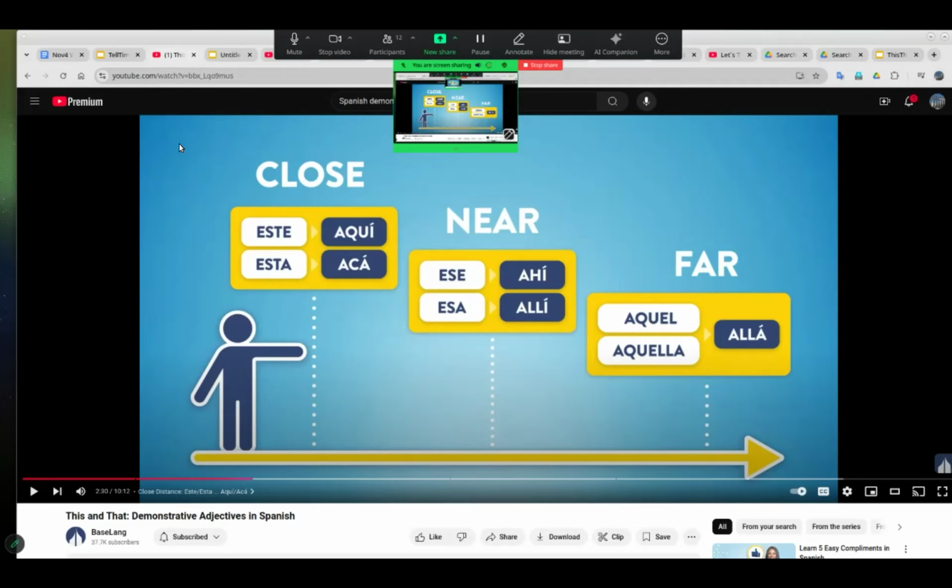Okay. So the only difference really between the words is the letter T, right? Este is the masculine form. You would expect that word to have an O. Sometimes it will have an O, but only sometimes. If it is paired up with an actual noun, a thing, it will not have an O at the end, right?